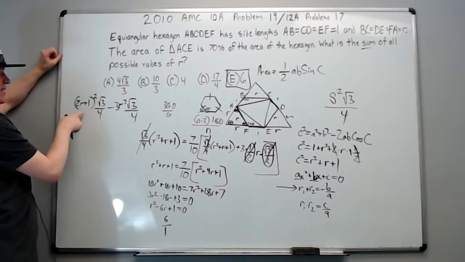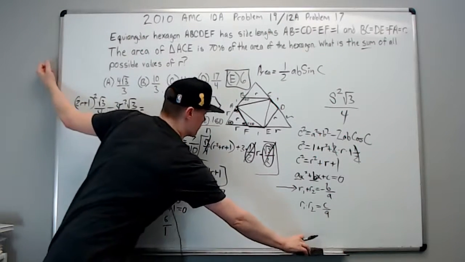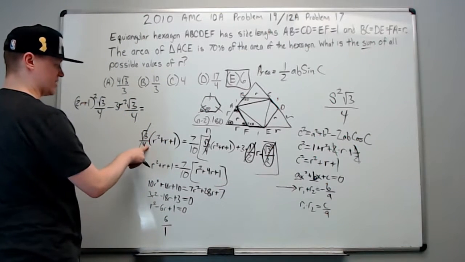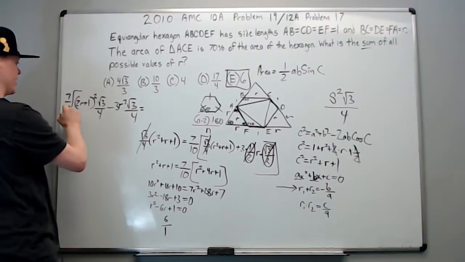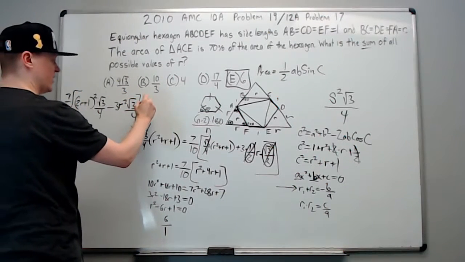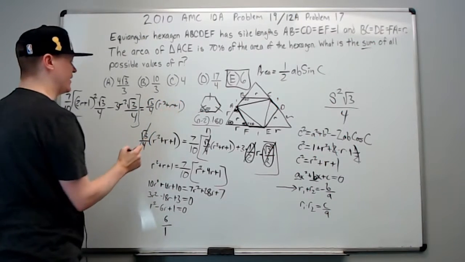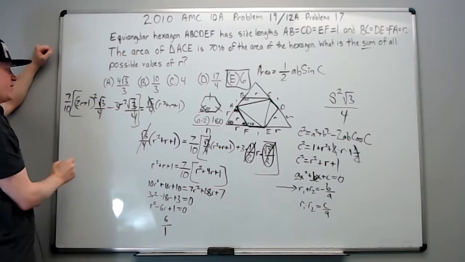So if I expand this, again, the root 3 over 4s would cancel. Let me erase this really quickly. Again, recall that this is supposed to equal 7/10 of root 3 over 4 times r squared plus r plus 1. Now again, the root 3 over 4s appear in all terms, so we can just get rid of them.